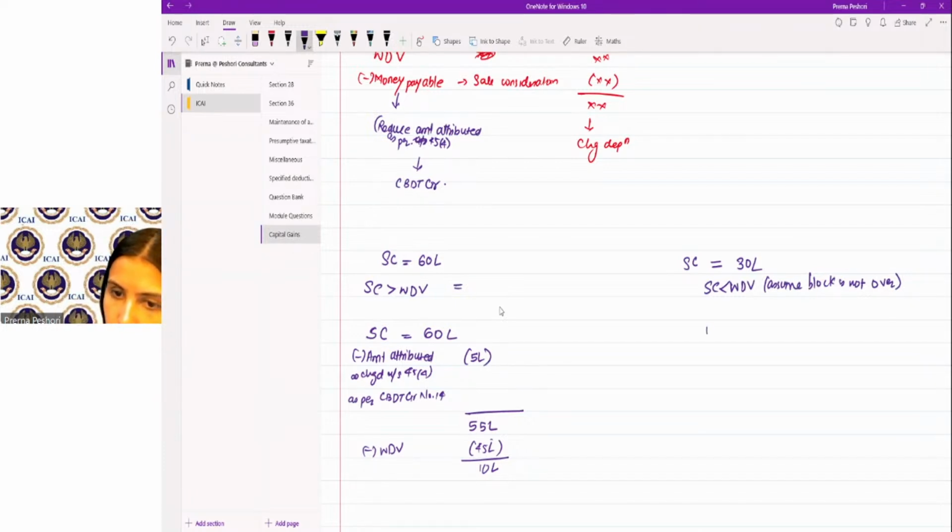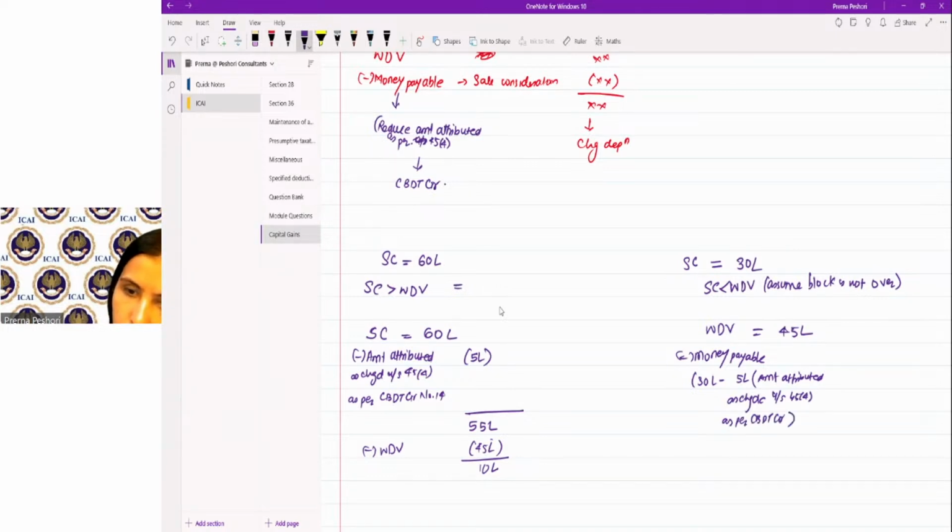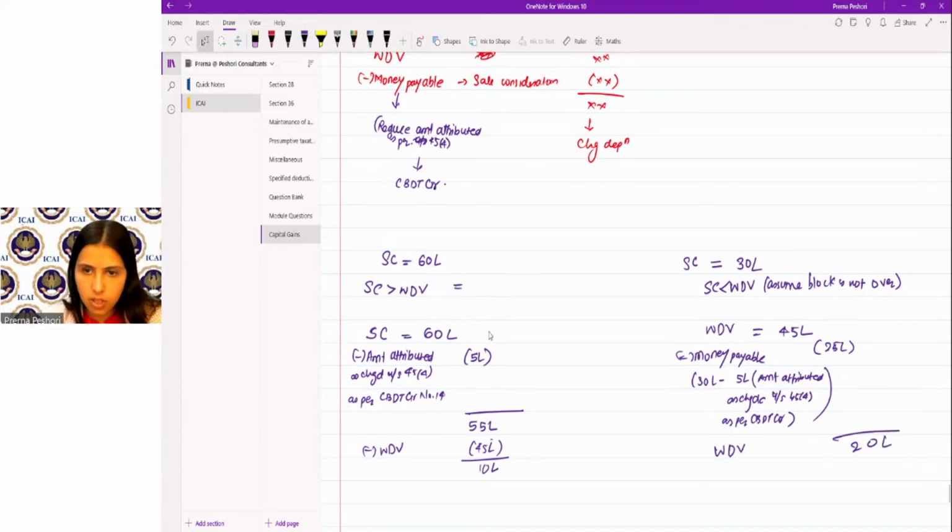So in that case, WDV equal to 45 lakh less money payable 30 lakh minus 5 lakh, amount attributed as charged under section 45(4) as per CBDT circular, right? So this makes it 25 lakh. So 20 lakh will be my balance WDV for the purpose of depreciation.